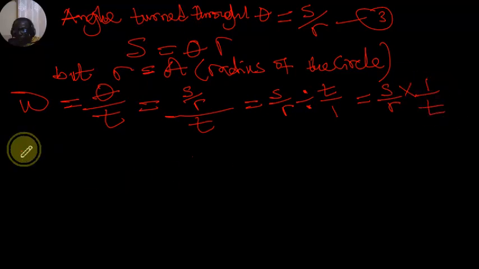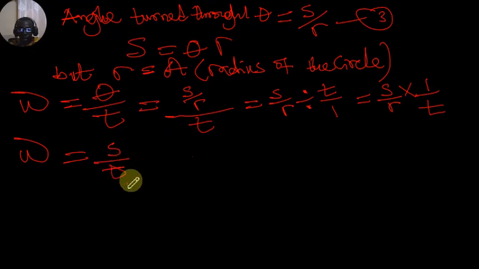Now that means angular velocity here is now what? X over r times 1 over t. But if you arrange this carefully, we make it x over t, then times 1 over r.